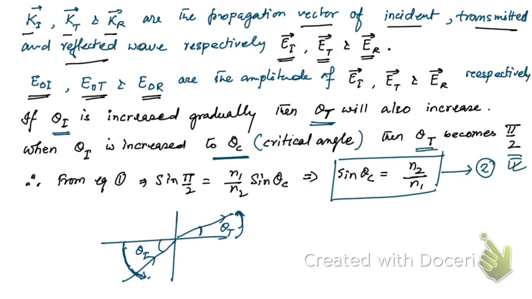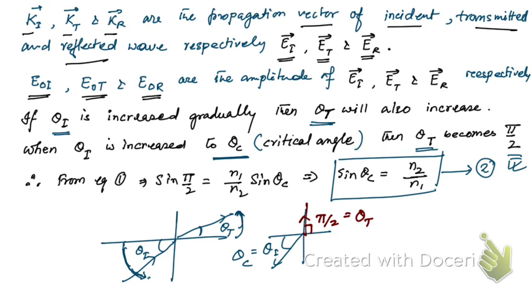That means theta I is increased to theta c such that the transmitted wave makes a 90-degree angle with the normal. Theta t becomes pi by 2.